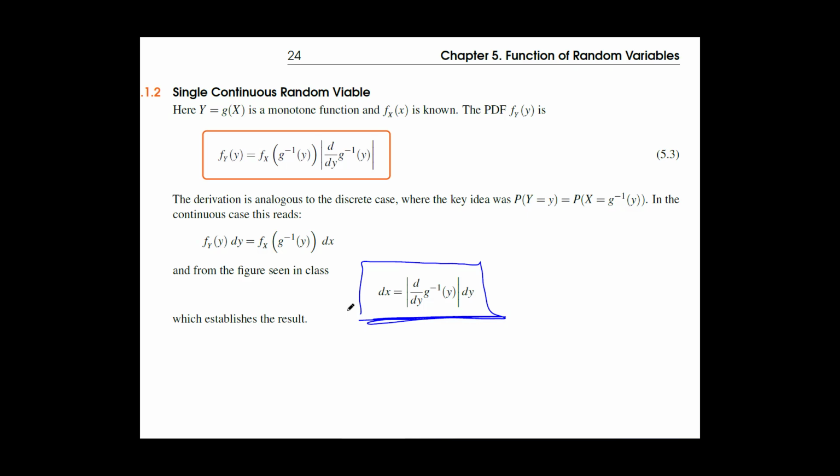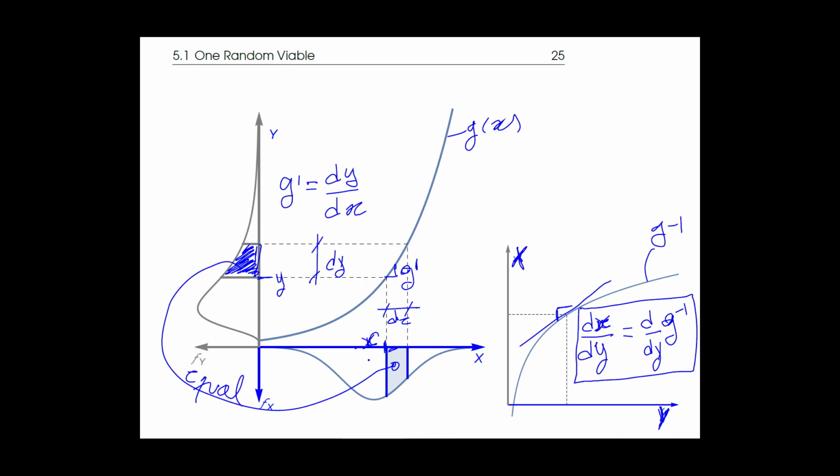Now, the absolute value comes in because this picture is true, or this equality is true for g minus 1 here being an increasing function. Okay? But when you have a decreasing function, then the derivative is going to be negative, right? A negative number.